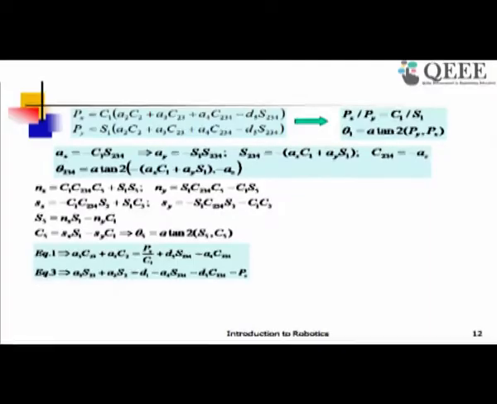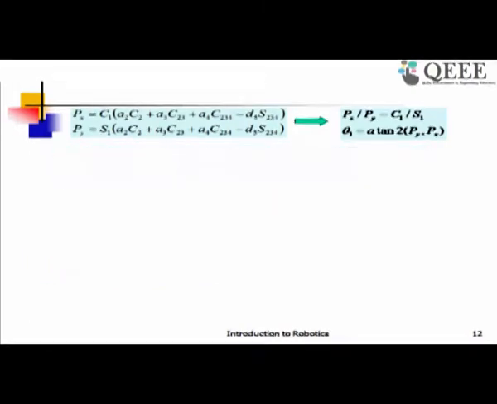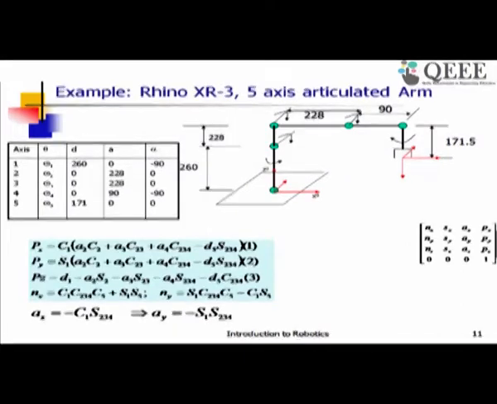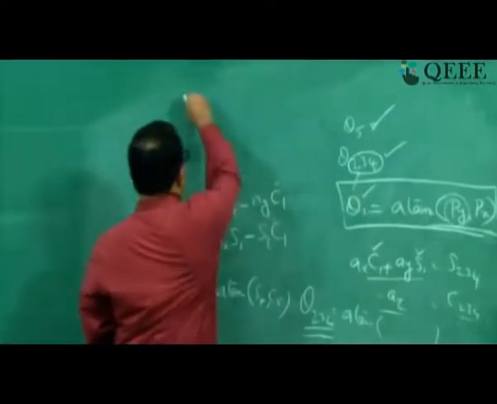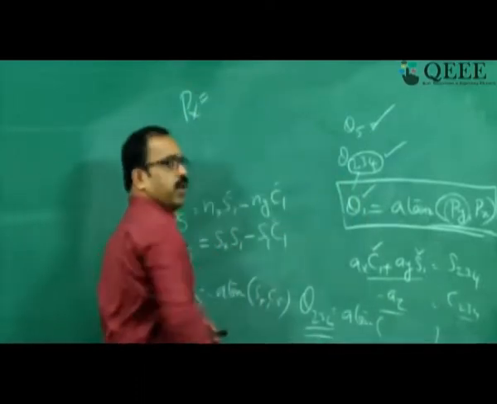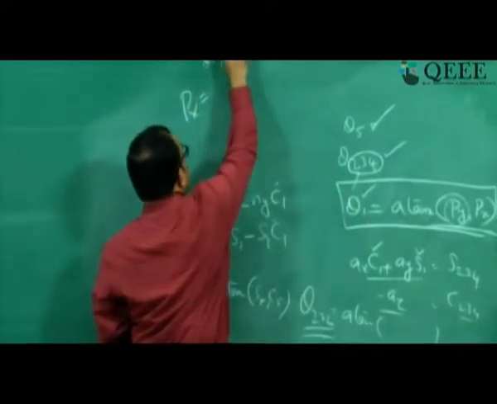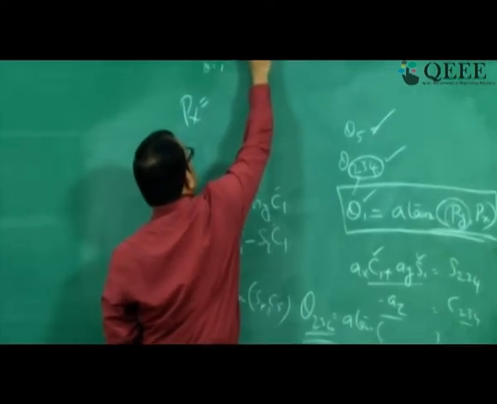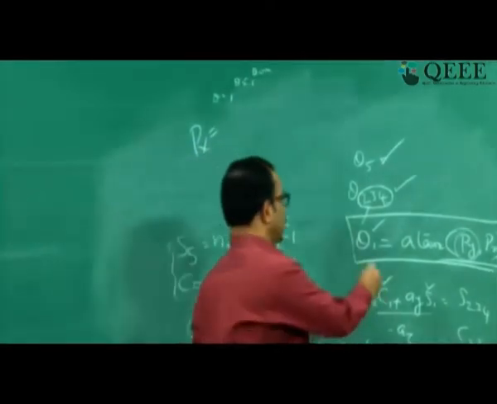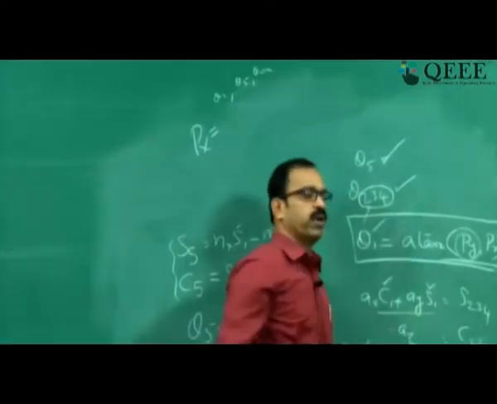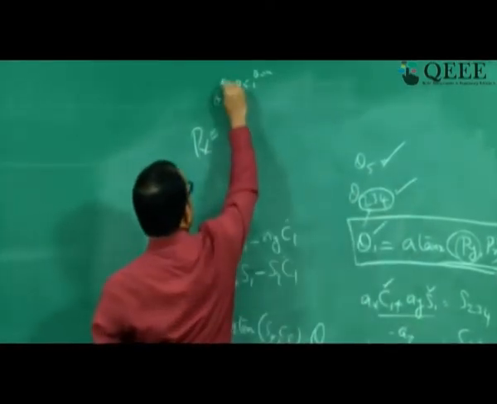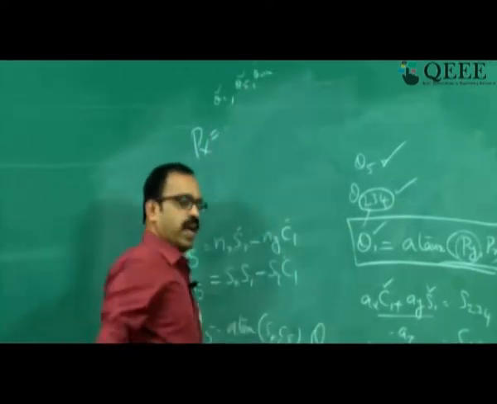and write it as A3C23 plus A2C2 is equal to, so the equation 1, if you go back, is this one: Px is equal to C1 times A2C2 plus A3C23 plus A4C234 minus D5 S234. In this equation, you know that theta 1 is known and theta 5 is known, theta 234 is known, because we have solved for theta 1, 5 and 234, and therefore we can use these values in this equation for Px.